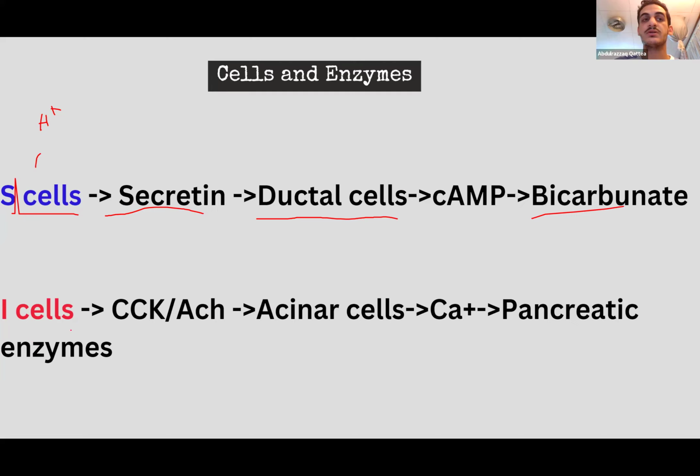On the other hand, when we receive our proteins and fat, they will activate the I cells. The I cells will release CCK and sometimes acetylcholine, but just remember CCK. CCK will go and bind to the acinar cells, and the acinar cells will secrete pancreatic enzymes, which are responsible for digestion of all the foods or all the energy sources.